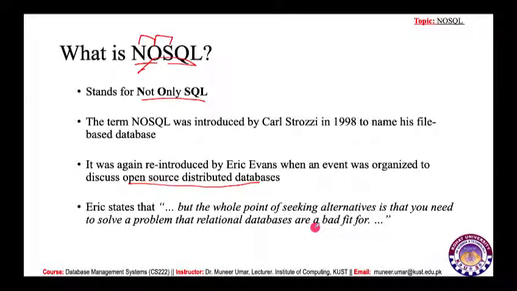Actually, when the size of the database is increased or the requests or the processing of data is high, in those cases the relational database management systems and also the relational databases don't perform well. So the main purpose was to find an alternative against the RDBMSs for such type of problems.